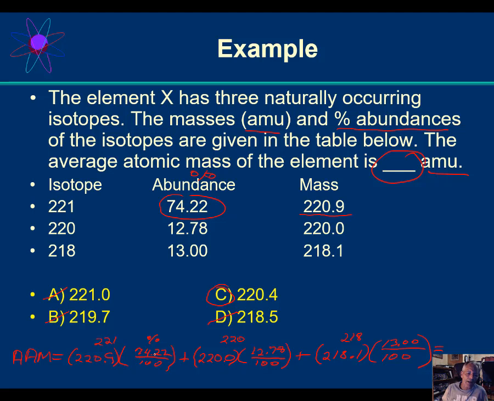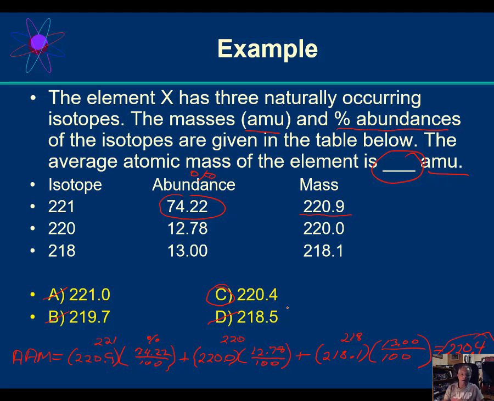I'm just in my head going to go ahead and move the decimal place over, plus 218.1 times 0.13, and in fact we do get 220.4 AMU. And that is our weighted average, our average atomic mass for element X in this particular problem.